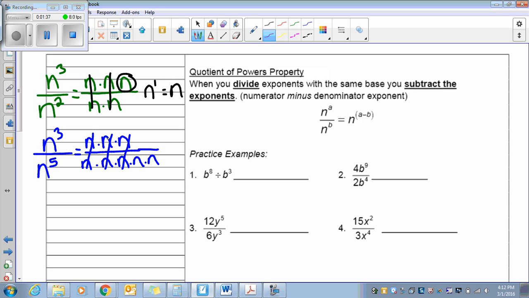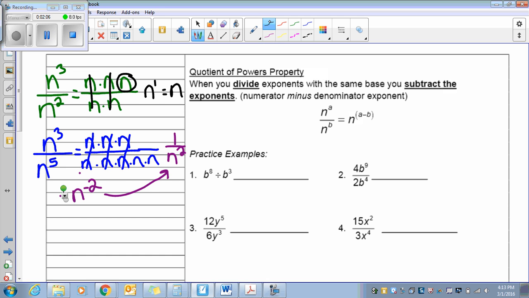So really, if you have 1 all in the numerator, you're just left with 1. And then you're left with n times n in the denominator, which is n squared. So if we looked at that, 3 minus 5 would give us negative 2. So that would really be n to the negative second. And when we go back to our negative exponent laws, we know that we could also write this as 1 over n squared.